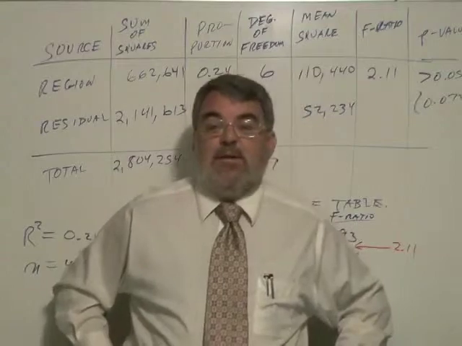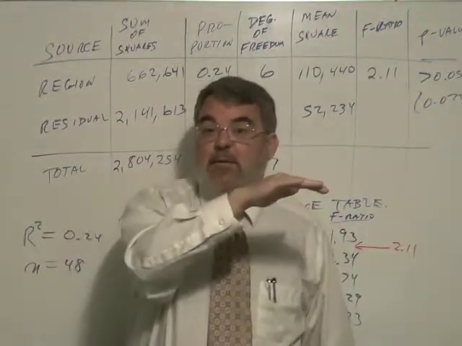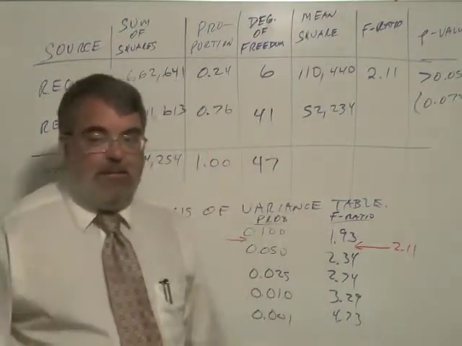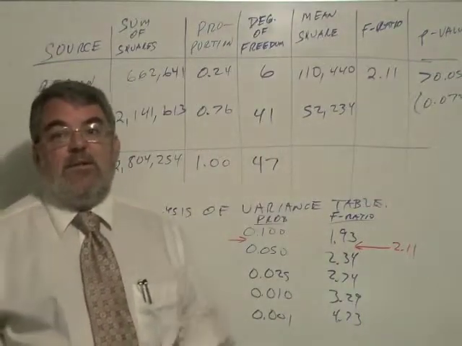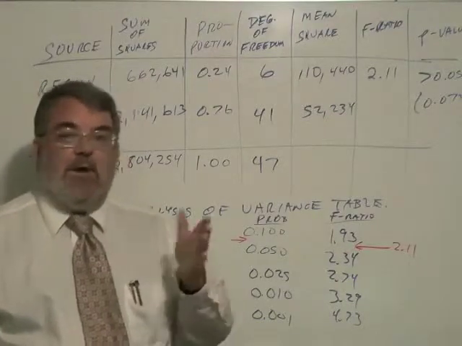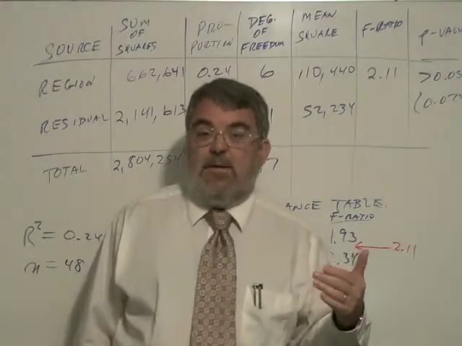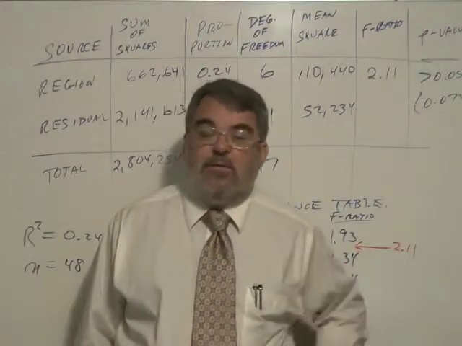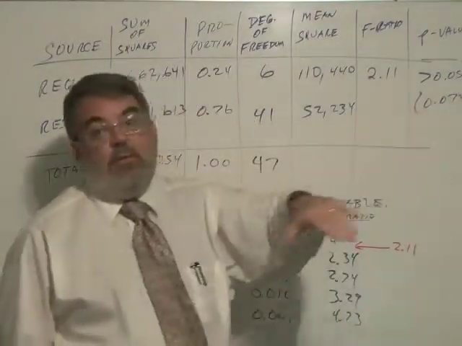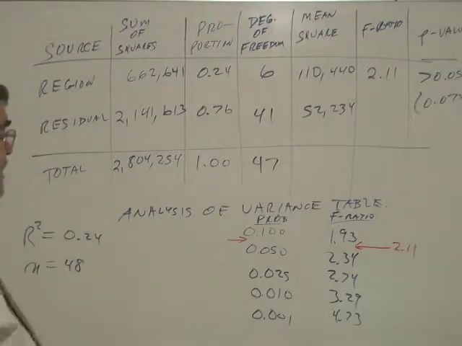The null hypothesis is that there's no differences among the categories, among the groups. In this case, more specifically, there's no statistically significant difference in the crime rates by region of the country. There's not enough evidence to conclude that there's a significant difference in those regions of the country. Because the p-value was greater than 0.05, and so that's it.